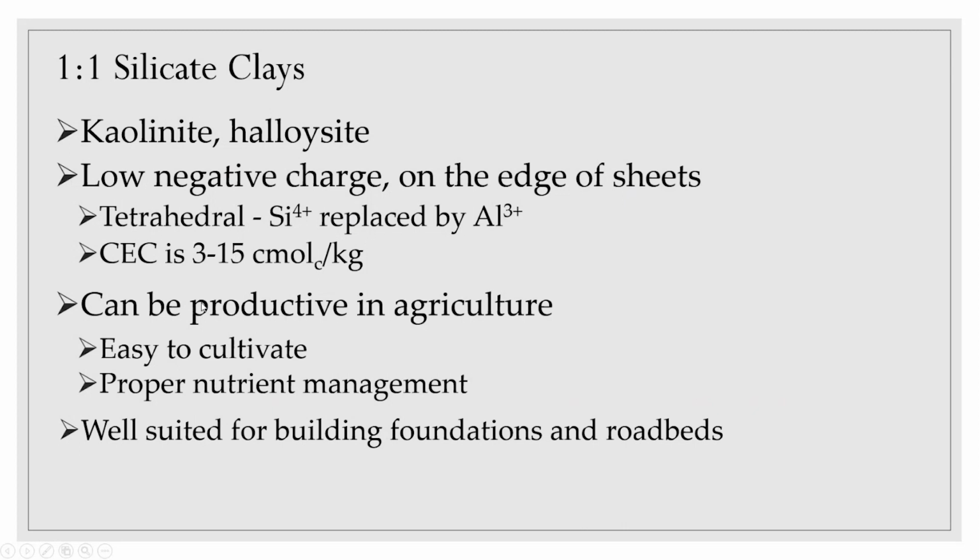So these can still be productive in agriculture. Just remember, it's that small cup. We're going to have to make several trips because we don't want to apply more than what that soil can hold. Typically, what we like to use kaolinite for are building foundations and road beds because it doesn't have very much movement. It's really not the ideal soil type for agricultural production, so it also serves another purpose in building and foundations.